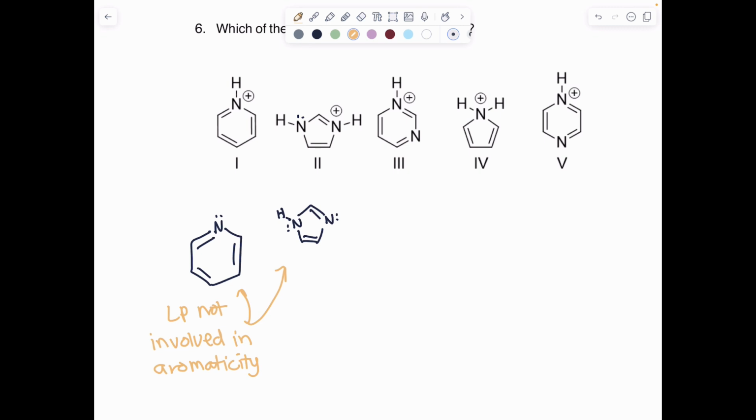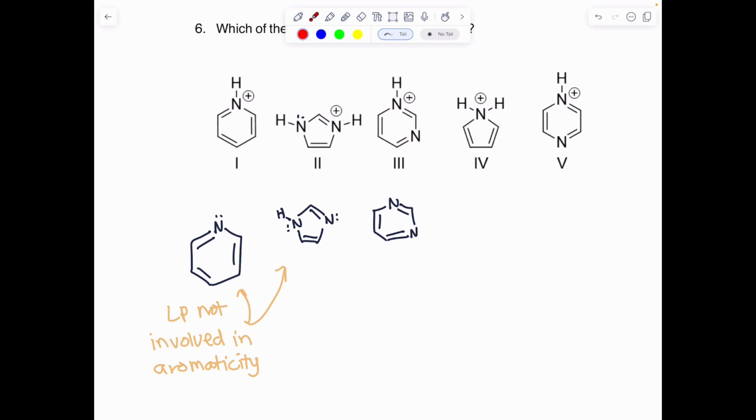For this next one, we have nitrogen here and here. Double bond, double bond, double bond. So this is already an aromatic compound, as evidenced by the fact that we have these 3 sets of double bonds.